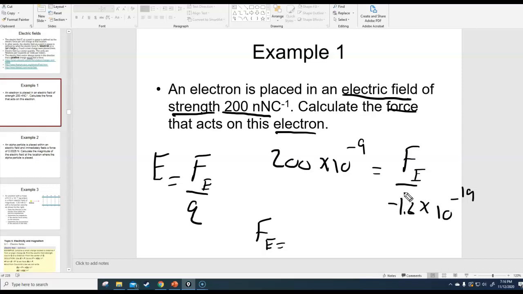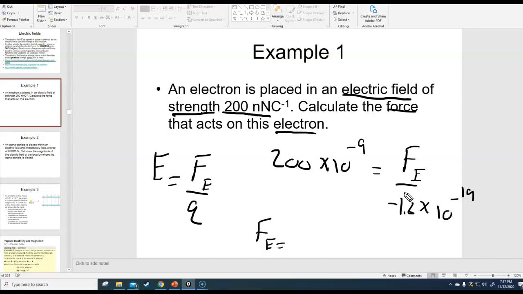I don't want you to confuse that with indicating anything about direction for the force that we're about to calculate. I also want to point out that by definition, the direction of the electrical field vector is whichever way a positive charge would feel a force. And so if you were to place an electron into an electrical field, it would feel a force in the opposite direction of that electrical field.